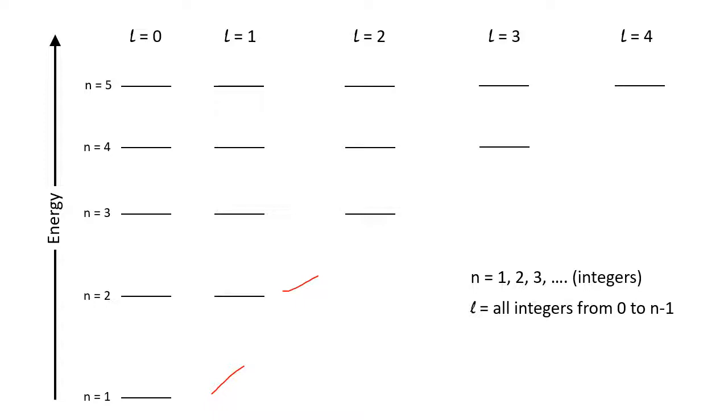As we often find in chemistry, we latch on to labels and notation for historical reasons, and it doesn't change. So these l sublevels correspond to the subshells we're already familiar with from introductory chemistry. l equals 0 is the s subshell, l equals 1 corresponds to the p subshell, l equals 2 corresponds to the d subshell, and l equals 3 corresponds to the f subshell.